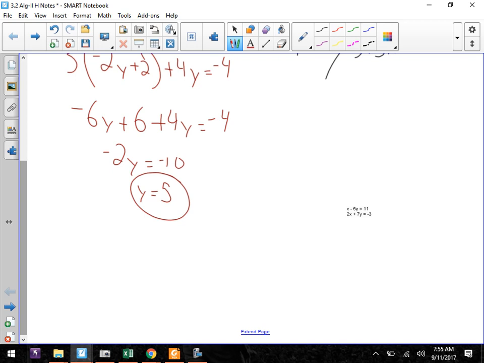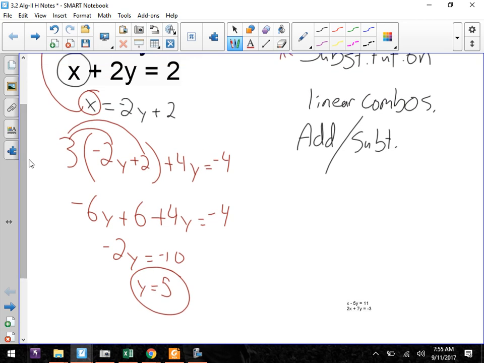What do you do now to figure out what x is? Substitute. Just substitute back up here. So negative 2 times 5 is negative 10. Negative 10 plus 2 is negative 8. So write that out.